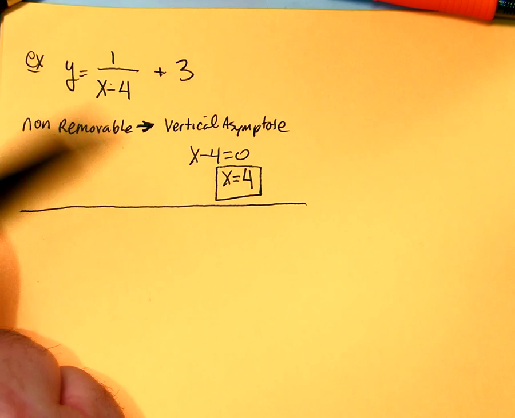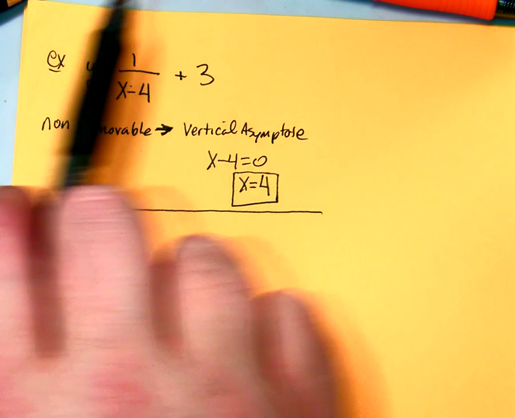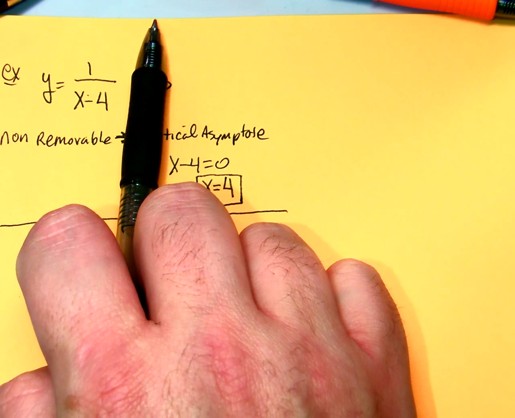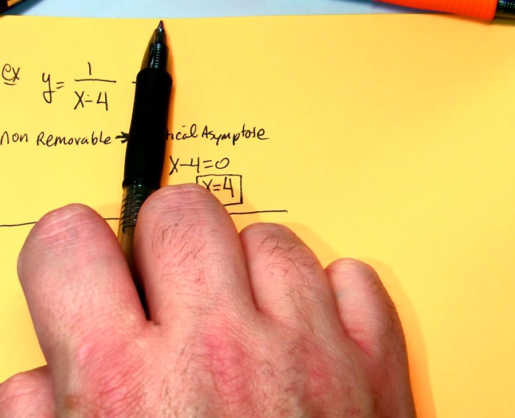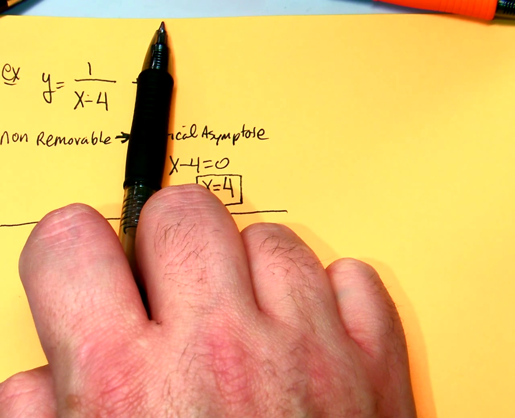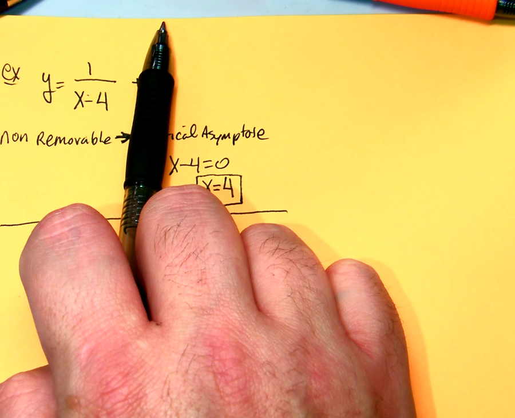If this function was just 1 over x minus 4, where would the horizontal asymptote be? It's either going to be at the origin. Remember, if the top degree is less than the bottom degree, it's at 0.